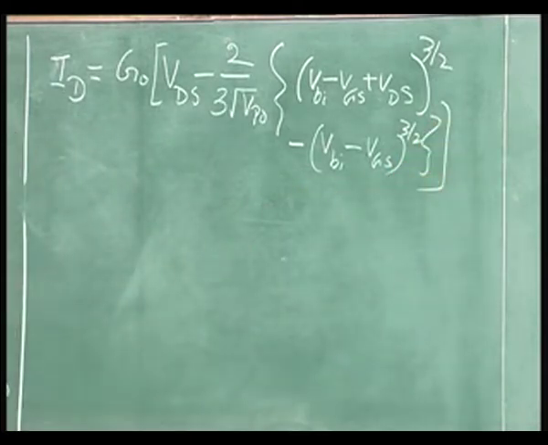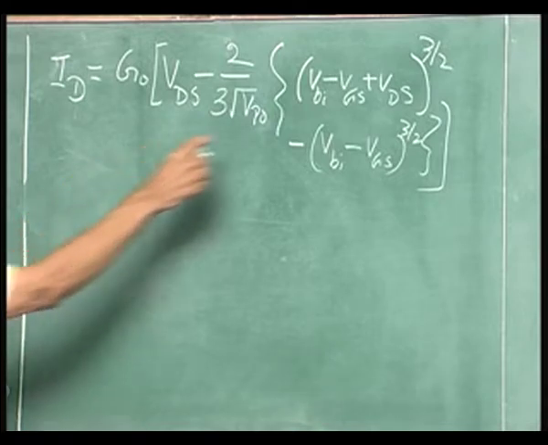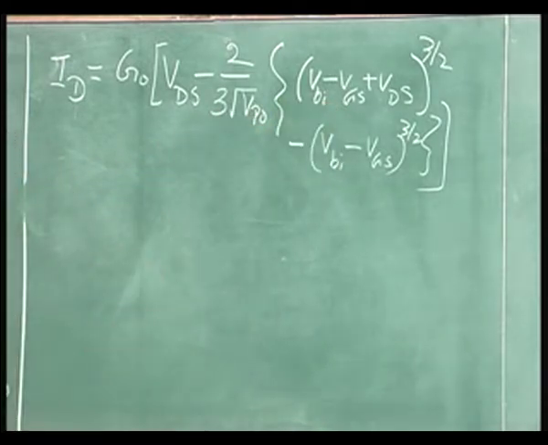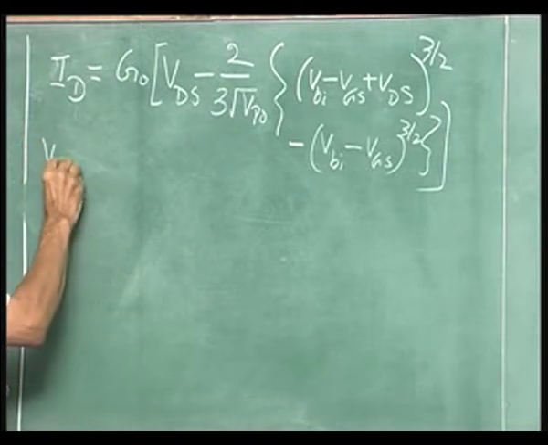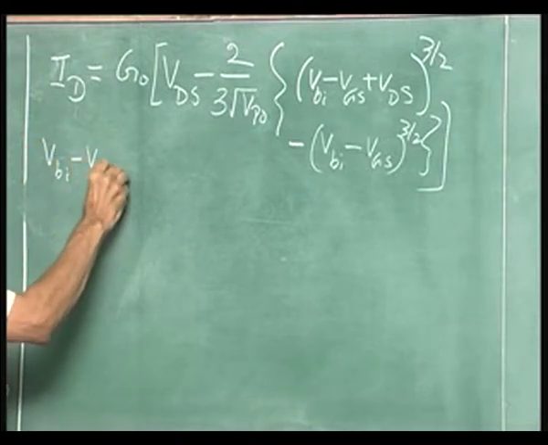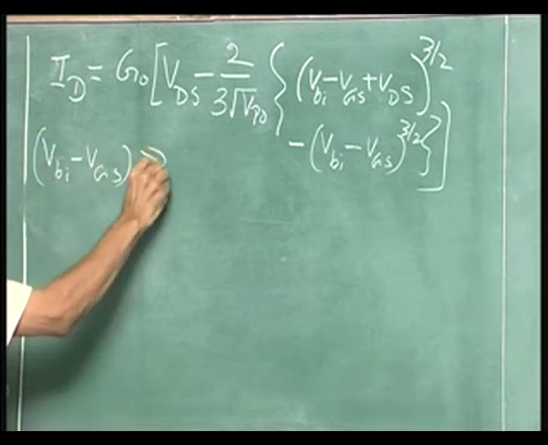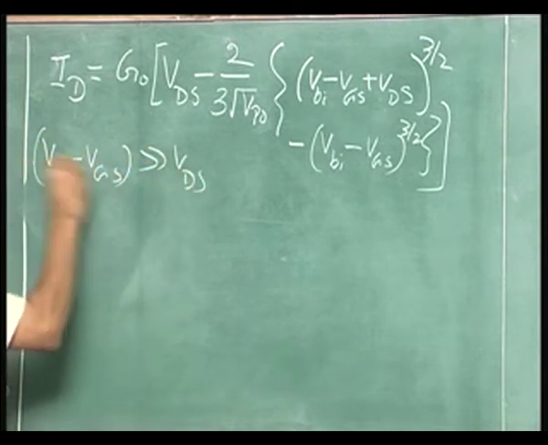That is what we have got. What we are trying to see is when this is small compared to that, that is, V b i minus V g s is much larger compared to V d s. That is the case 1 that we are discussing.